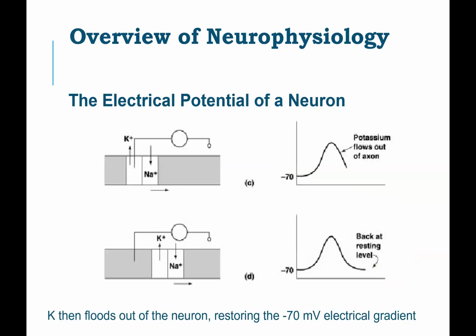So this is a terminology that I should have introduced you to. This process of going from minus 70 up is called depolarization, because initially it was polarized. The cell at the resting state is polarized. The voltage within the cell doesn't match the voltage outside of a cell.